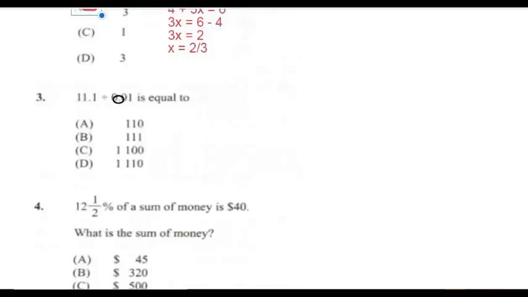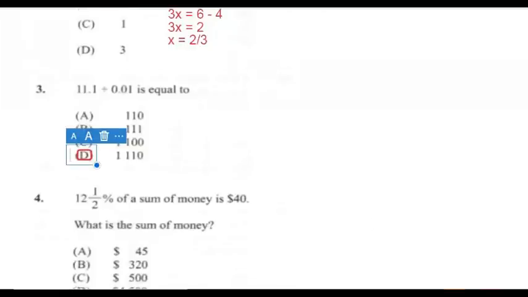So should we move this decimal point in the divisor, it will be 1, 2 places to get a whole number of 1, and we'll move the decimal place in the dividend 1, 2 places to get 1110. So it will be 1110 divided by 1, and therefore our answer for number 3 is D.